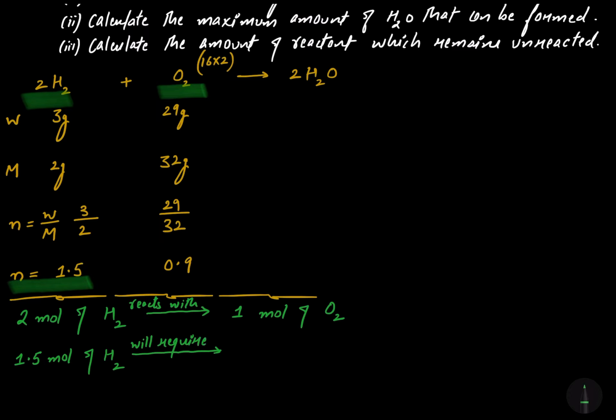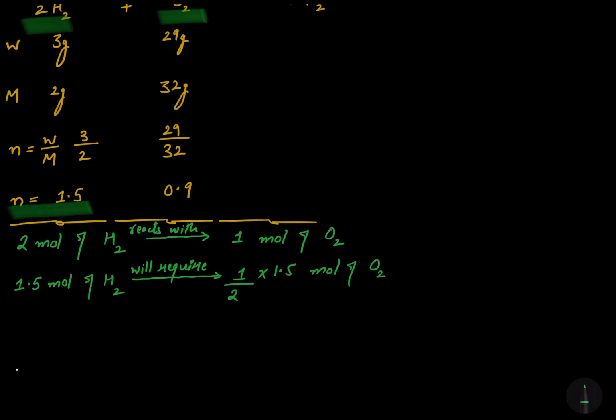That will obviously be 1 divided by 2 into 1.5 moles of oxygen, and it comes out to be 0.75 moles of oxygen. So 1.5 moles of hydrogen will require 0.75 mole of O2.